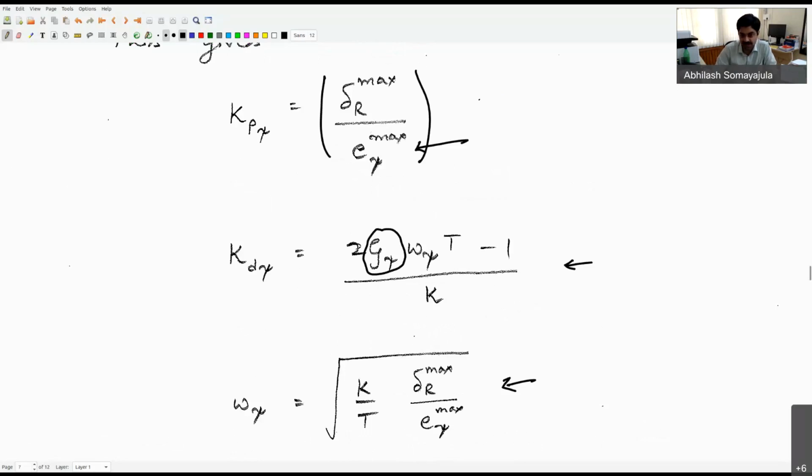By putting these values in, I can make sure that my heading controller makes psi of t approach psi d using second order dynamics, governed by the poles wherever I wanted to place them. Those poles give me the values for zeta and omega n, and I use those to compute my controller gains.